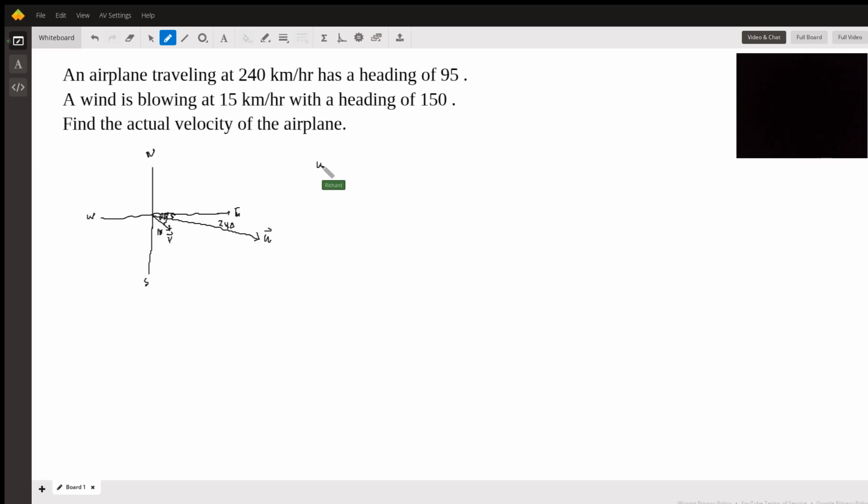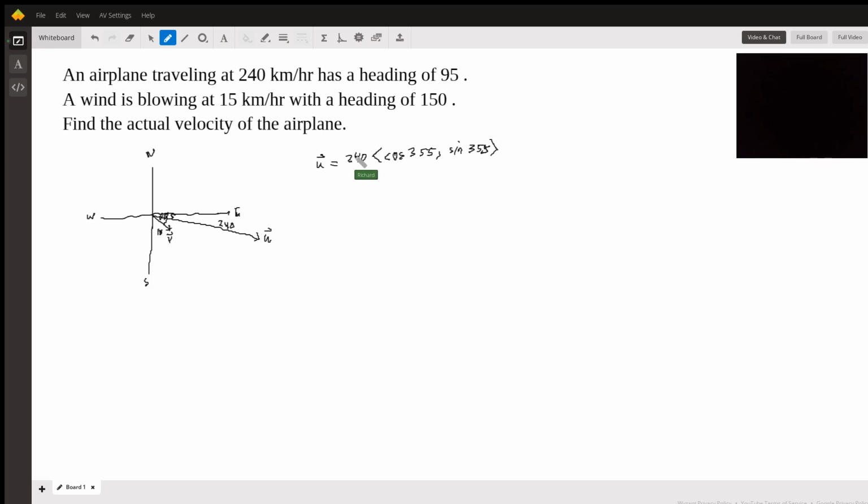So we can say that U has a magnitude of 240, and in the x direction we have cosine of 355, and sine of 355.